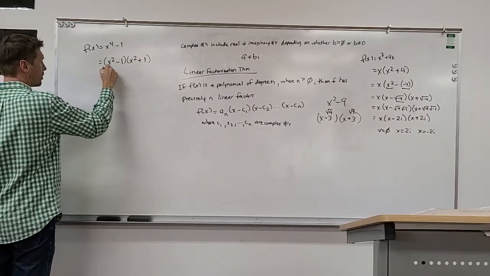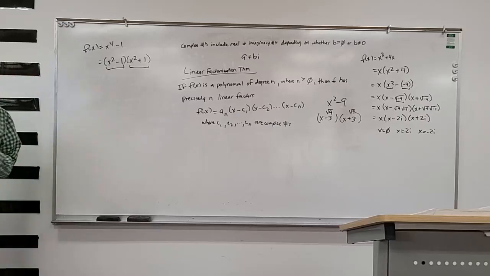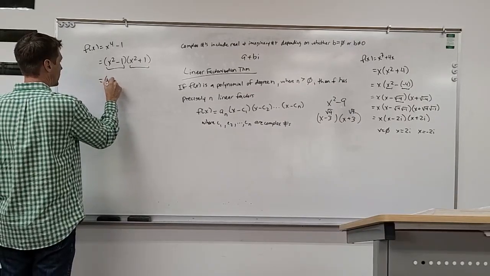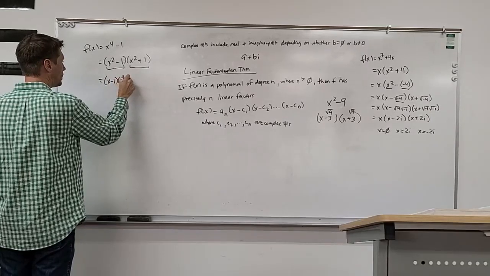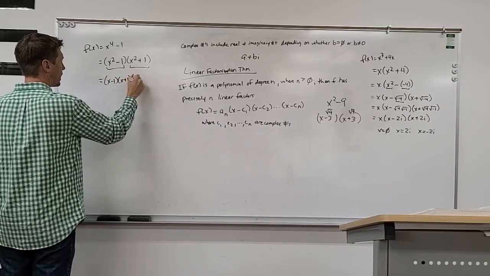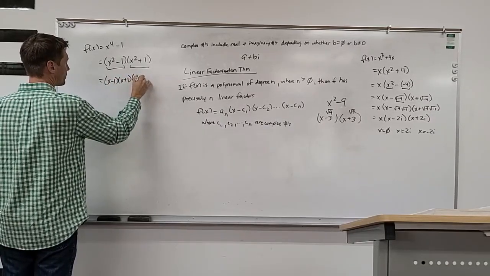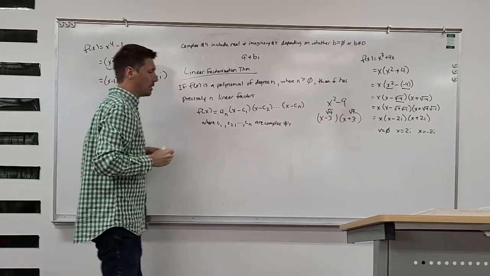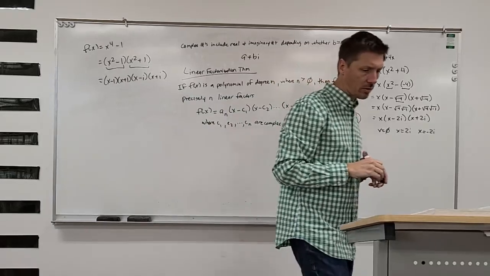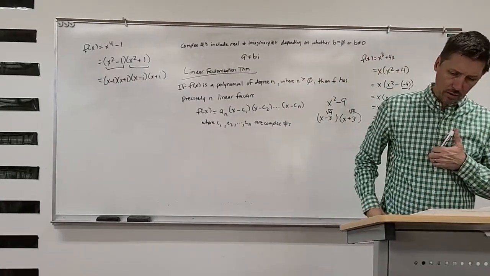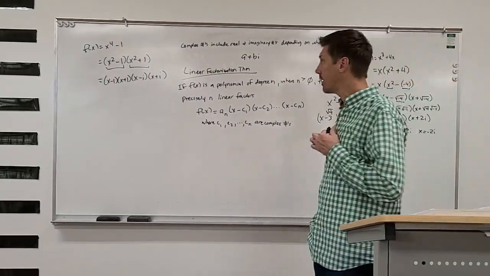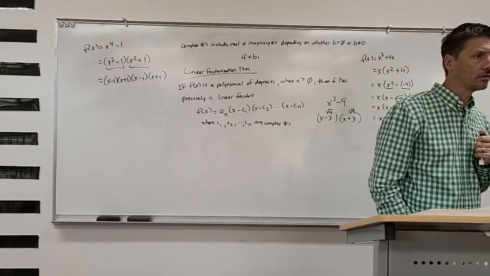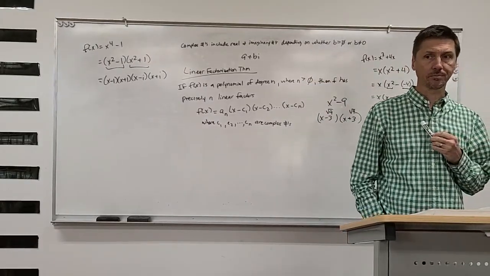And so we have real answers for this one, and we have imaginary answers for that one. We could break it down further and say this is x minus 1, x plus 1. And we could break this one down and say that's x minus i, x plus i. And so our four zeros are 1, negative 1, i, negative i. We get 4 since it's x to the 4th power. Okay?